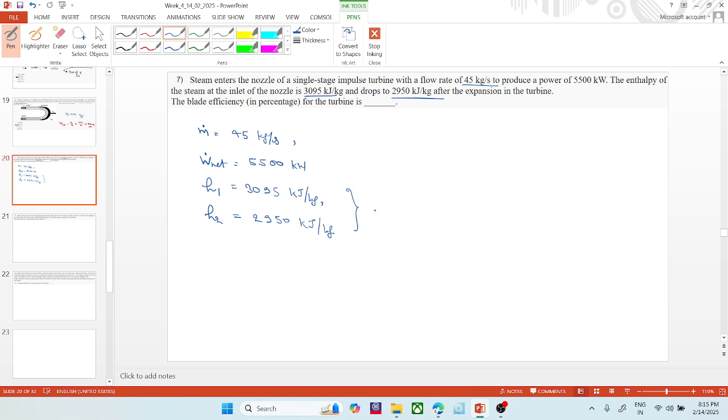So here the enthalpy drop, delta H, would be H1 minus H2. It is 3095 minus 2950 is equal to 145.